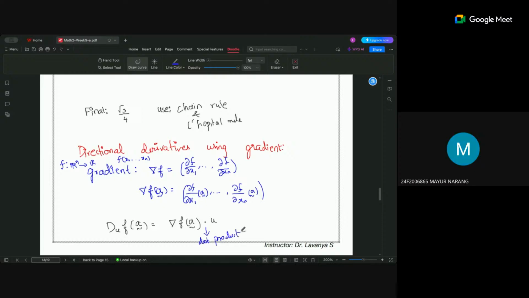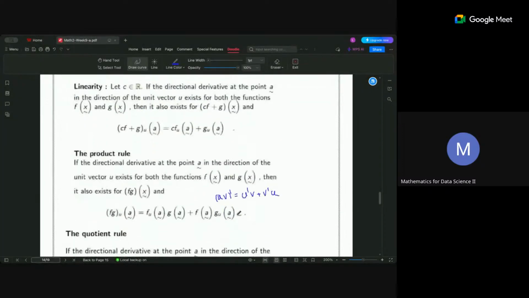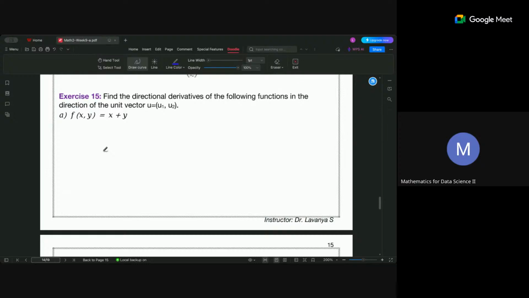This is the formula we are going to use. Any questions? Okay, fine.